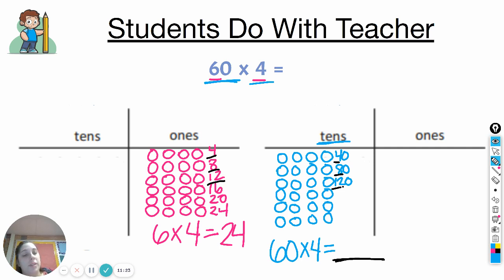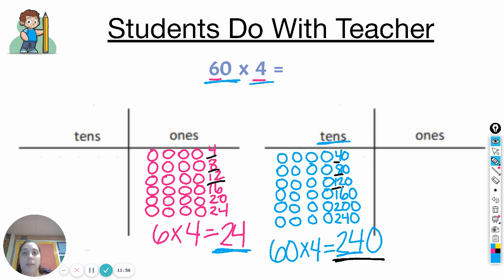Okay, so if you kept your skip count going, or kept our pattern going, then this would be 16 with a 0 at the end, or 160. 20 with a 0 at the end, or 200. And then 24 with a 0 at the end, which is 240. So 60 times 4 is 240, which we can see is really 24 with a 0 at the end.